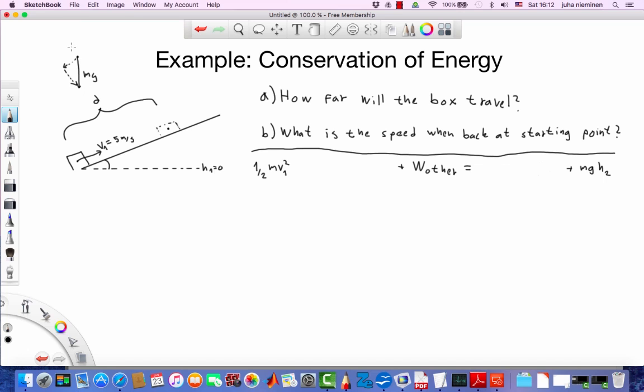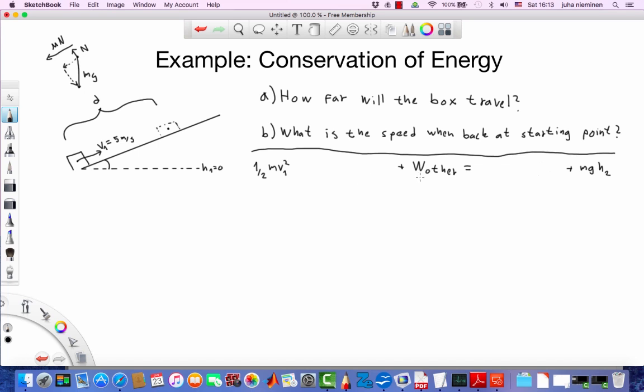And then we also have friction against the direction of the movement. So that's going to be mu times n, and the n is perpendicular to the surface, like this.